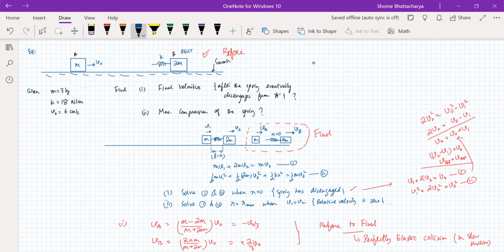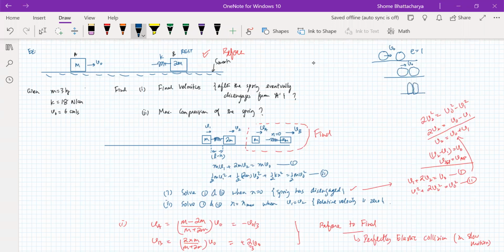So even when two ordinary objects without any spring involved make a perfectly elastic collision, what happens is, as the collision is taking place, they are about to come in contact, then something like this actually happens. They distort in shape.